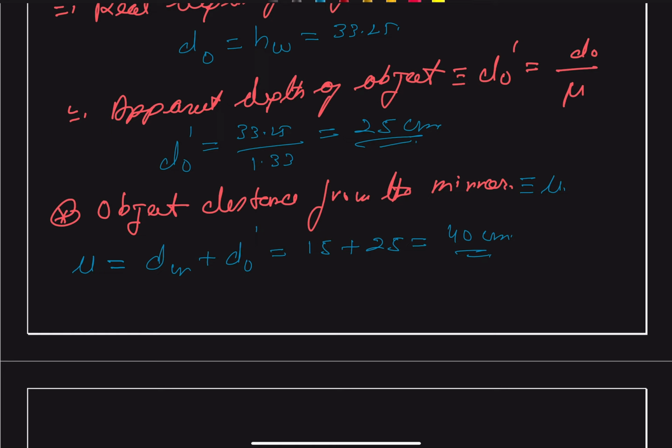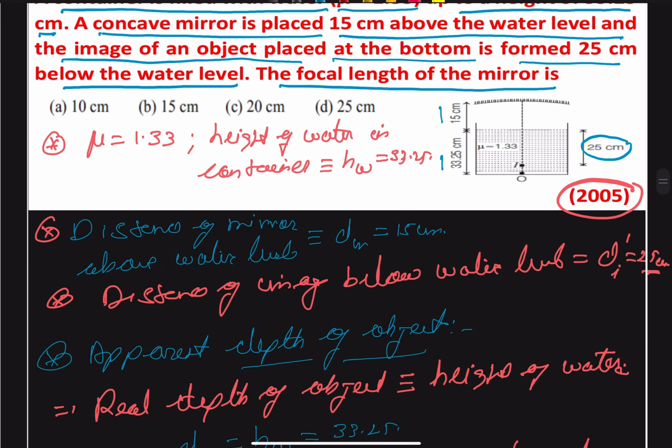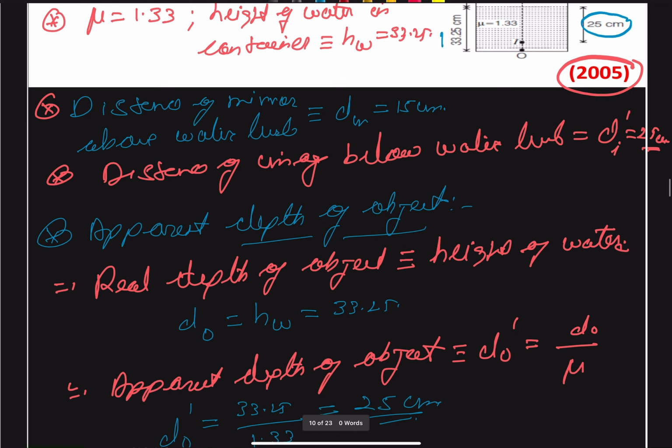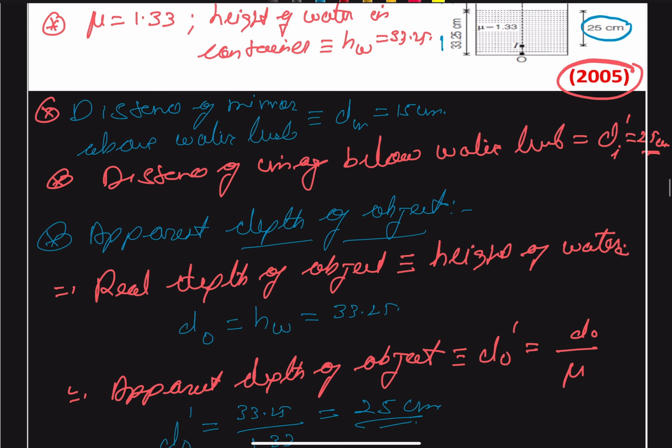and we know that the real depth of the image is given as 25 centimeter. So we have to find out the apparent depth. This is our depth of the image, and that is given to us as 25 centimeters.